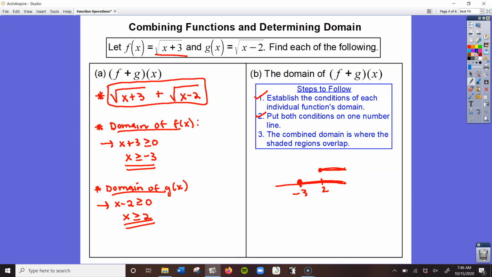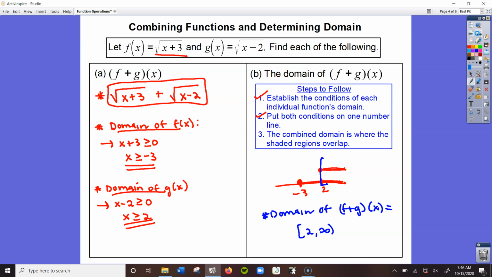So we're going to look at our number line and we're going to determine where does it start overlapping, which is right here. So this means that the domain of f plus g of x is equal to 2 to infinity, where 2 is included because it's included in both of those number lines.